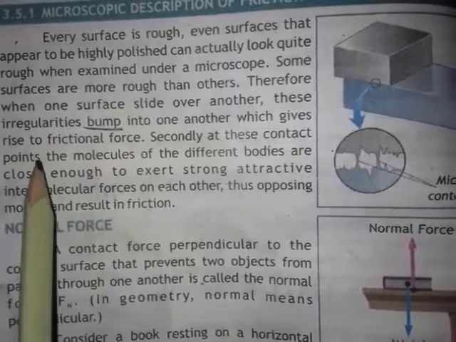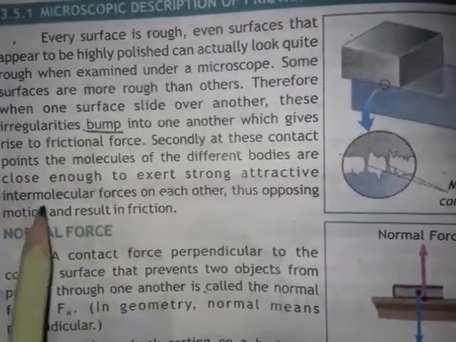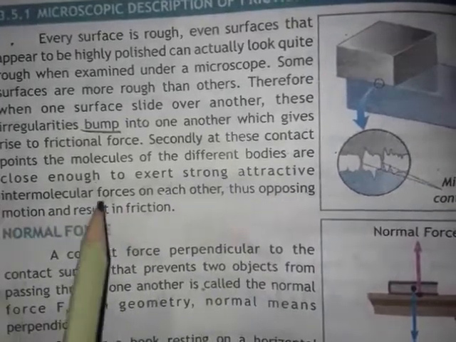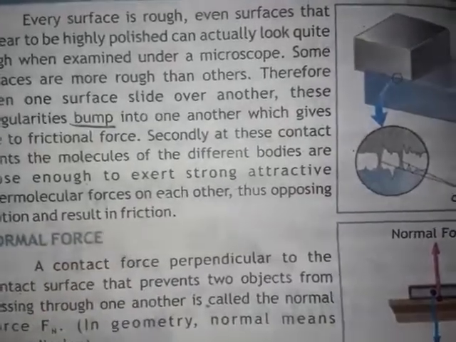Secondly, at these contact points, the molecules of the different bodies are close enough to exert strong attractive intermolecular forces on each other, thus opposing motion and resulting in friction.